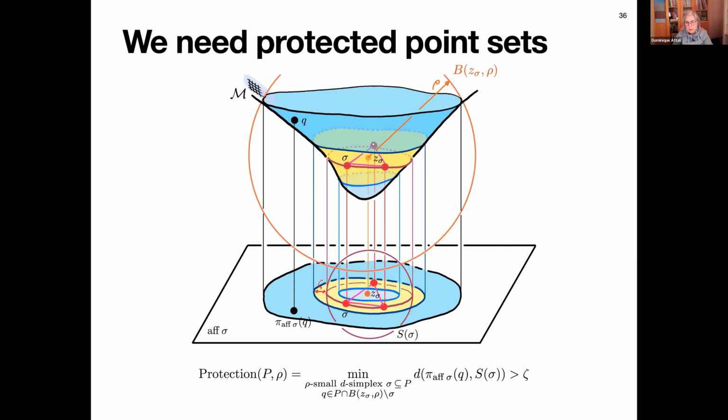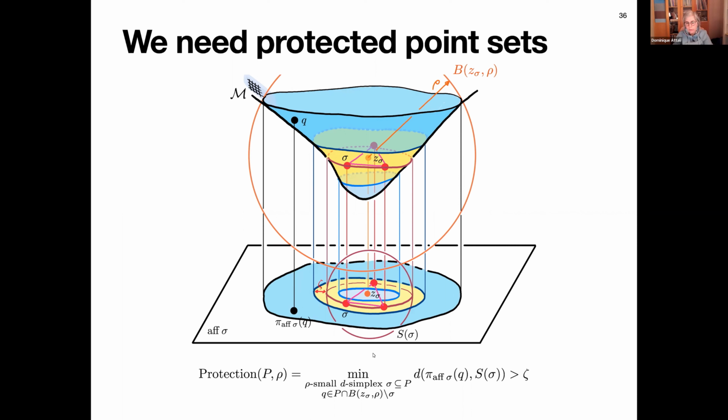So you take a simplex, a d-dimensional simplex sigma. You take a point Q in the ball centered at sigma with radius rho, and project the point Q on the affine space spanned by sigma.